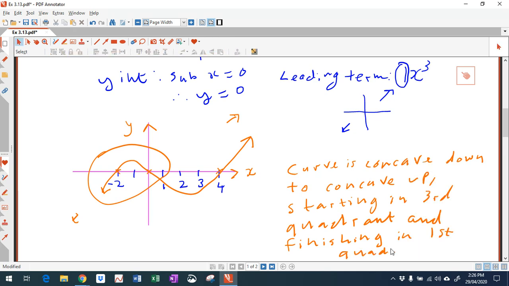Okay, that's what you could say about the shape.